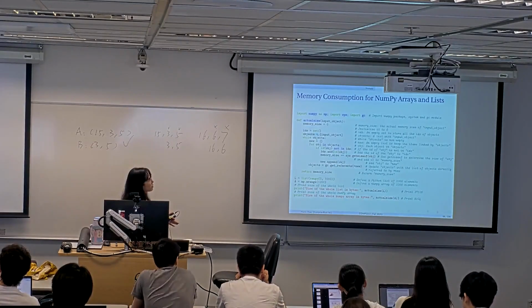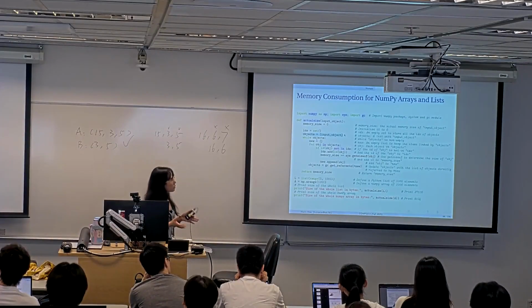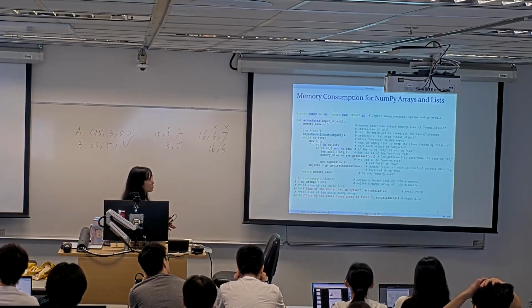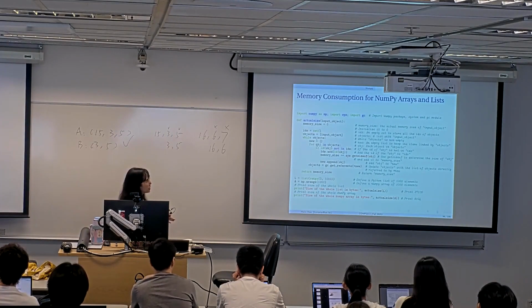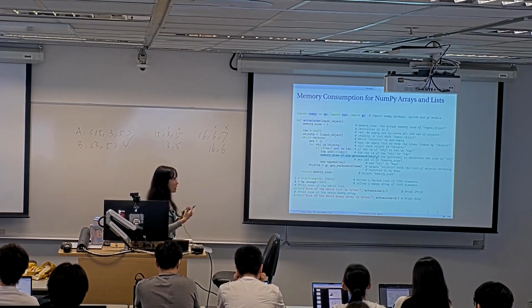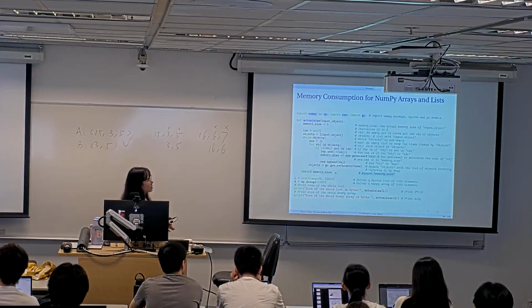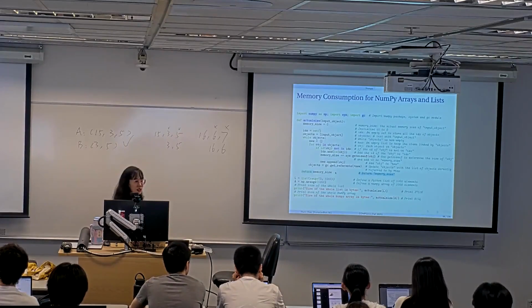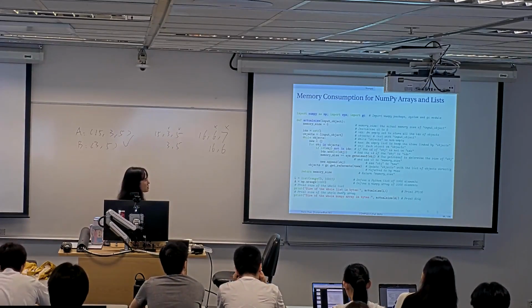Let objects be a list of this input object. Then for each element in these objects, we add its object size to the memory size, and at last we return the memory size. It's okay if you don't know the details of this function. This is just an example to illustrate that NumPy consumes less memory.